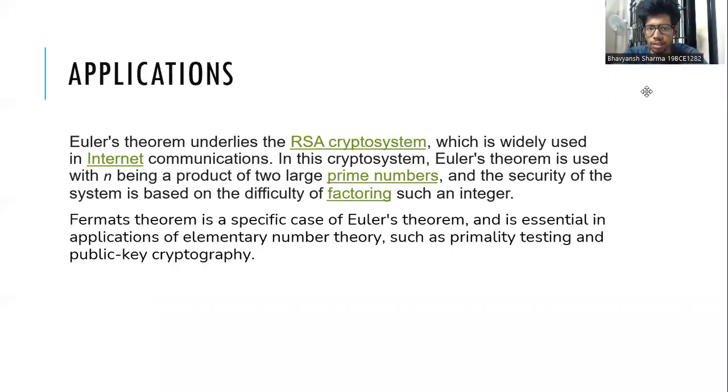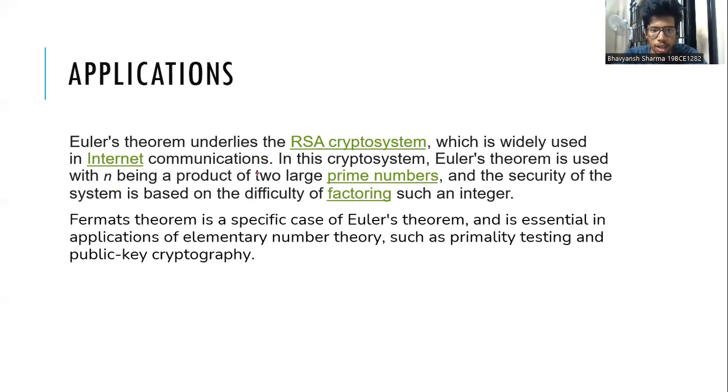Now let's come to the applications of Euler's and Fermat's theorems. Euler's theorem is used in the RSA crypto system, which is widely used in internet communications. In this crypto system, Euler's theorem is used with n being a product of two large prime numbers, and the security of the system is based on the difficulty of factoring such an integer.